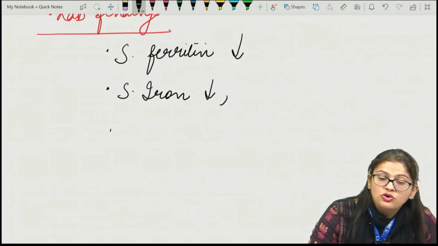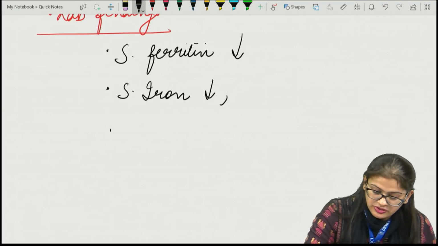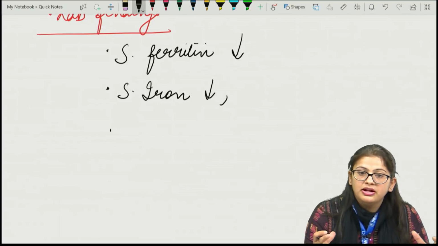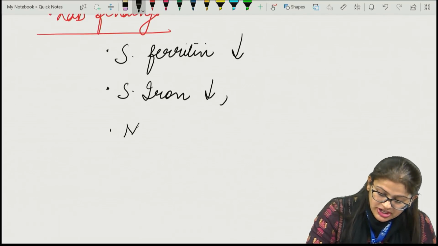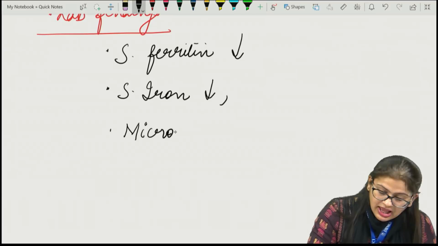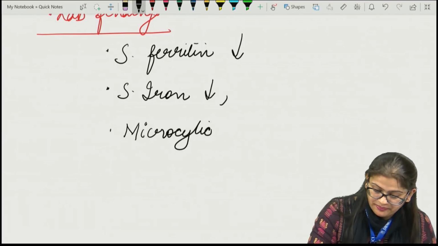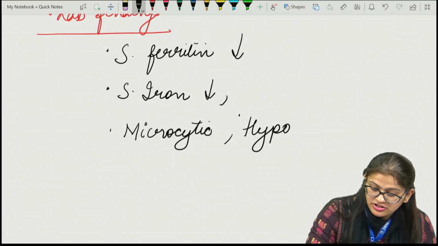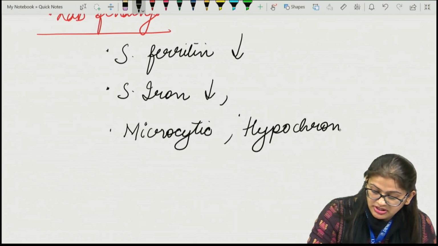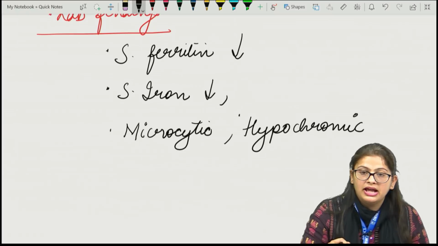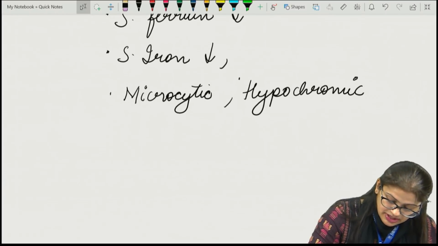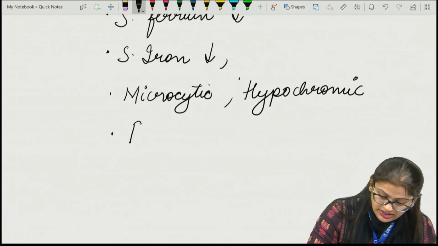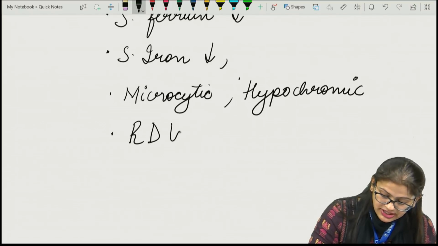When the RBCs are seen, they are smaller and pale, so microcytic as well as hypochromic. RBCs in iron deficiency anemia will be microcytic and hypochromic, and the red cell distribution width, RDW, will be increased.